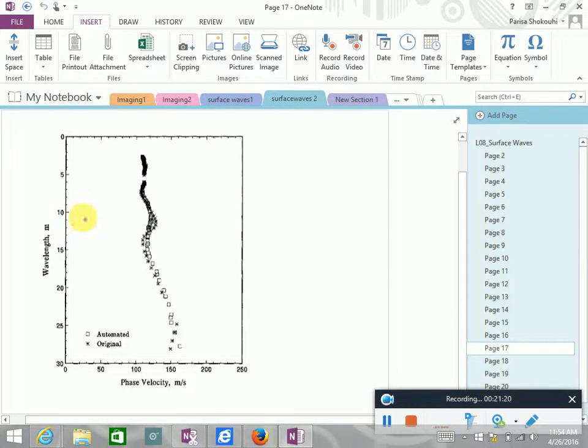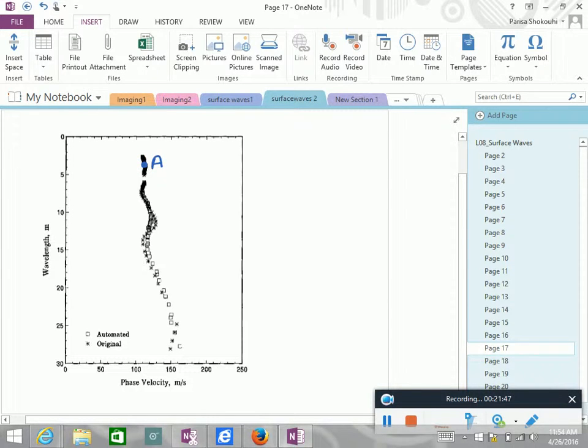But look here. This is the dispersion curve corresponding to the whole data. We only looked at 3 points. If you program this and look at every single point that you have, you are going to get a full dispersion curve. So if you want to show where we are, point A falls somewhere here.